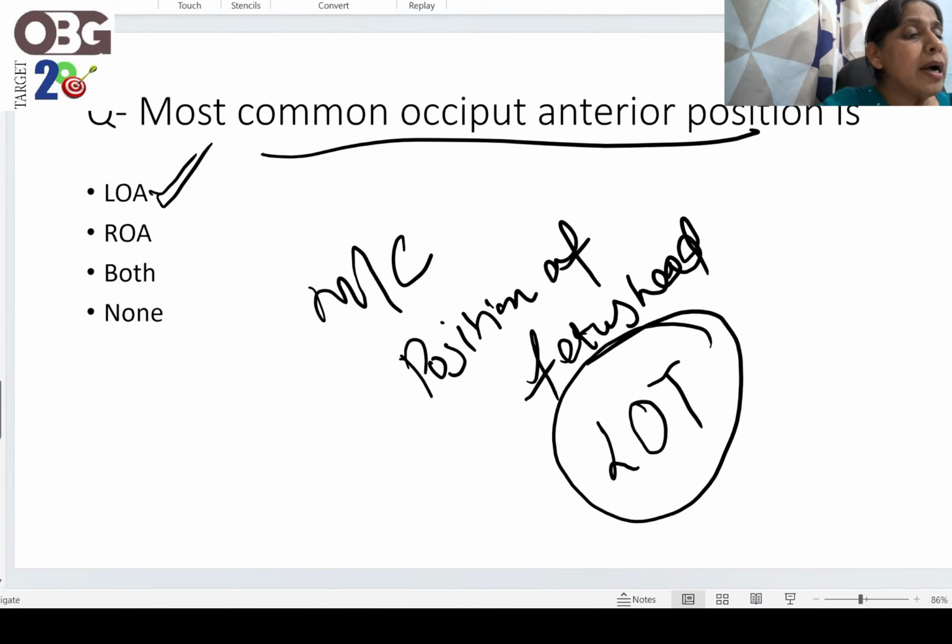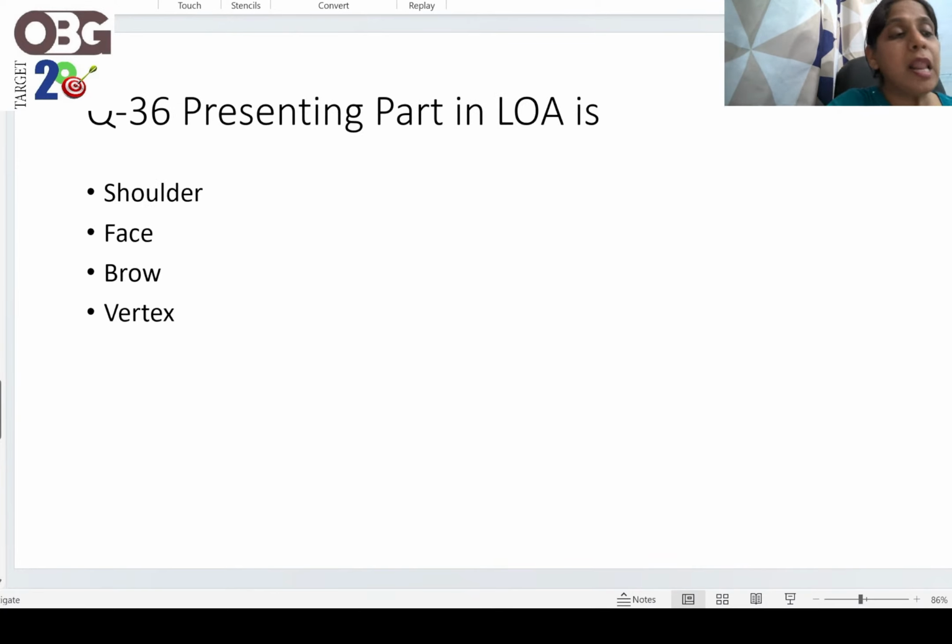Rohit Kumar, left occipito anterior is the most common occipito anterior position. Left occipito transverse is the most common fetal position. You are all getting it wrong here, please make your concept clear. Presenting part in left occipito anterior.